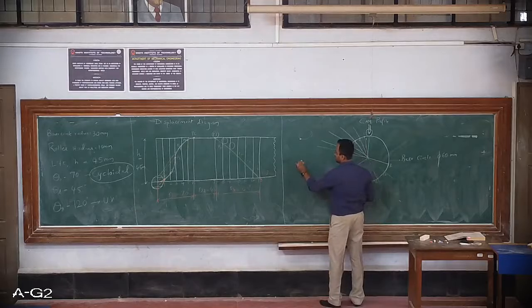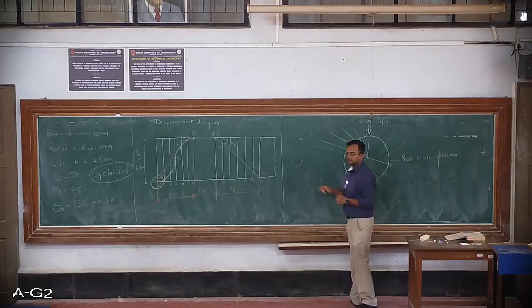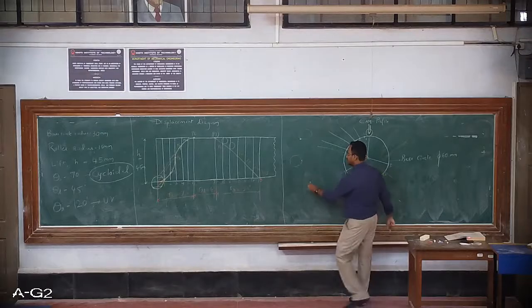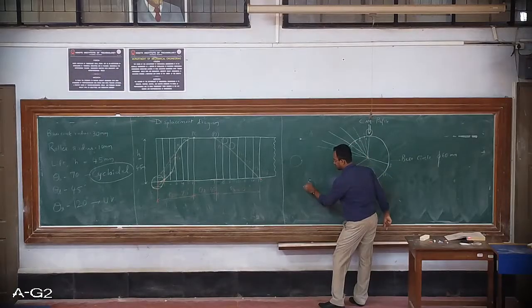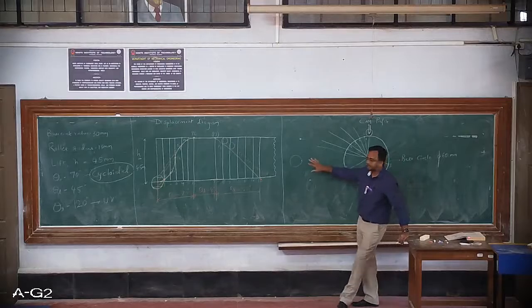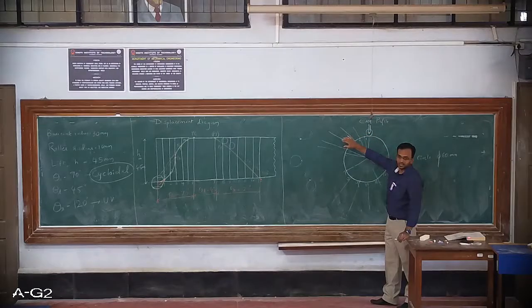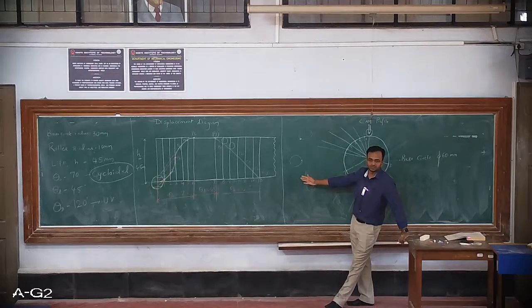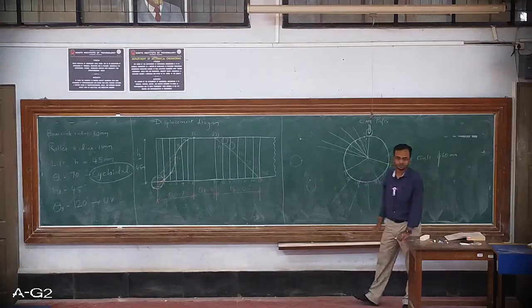Another student might draw a circle like this. Still the point is touching the circumference. Still it is 10 mm. Another student might draw it like this. So there can be infinite solutions. So if I locate P1, P2 here and try to draw a circle such that it touches the circumference, then I will have infinite solutions. So what I need is a unique solution.